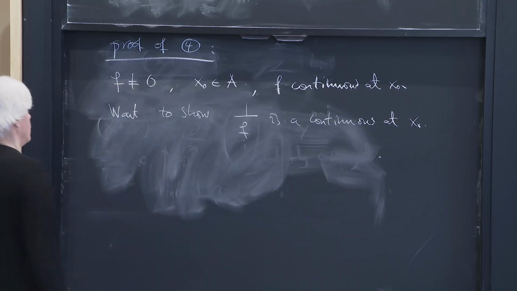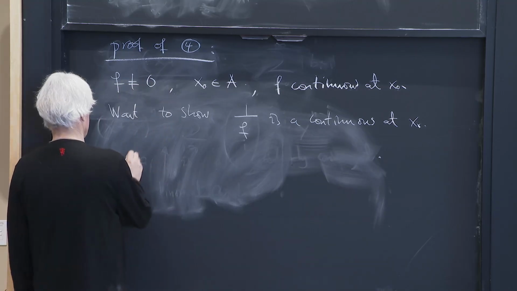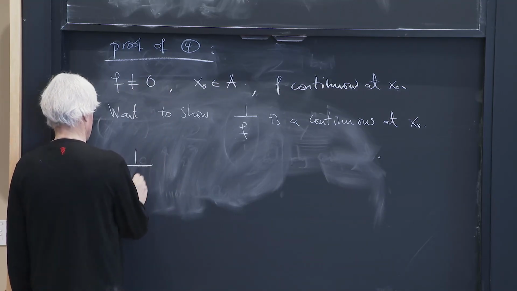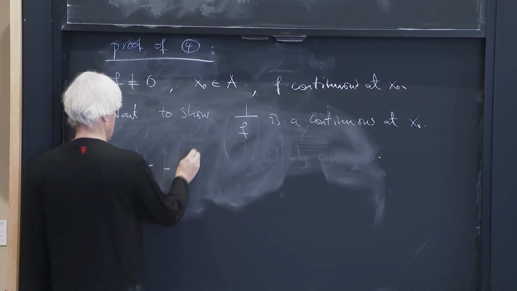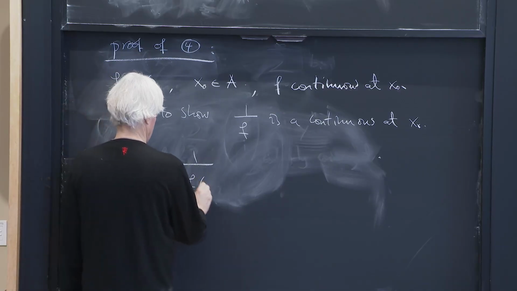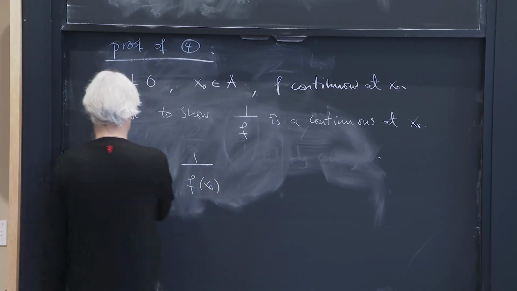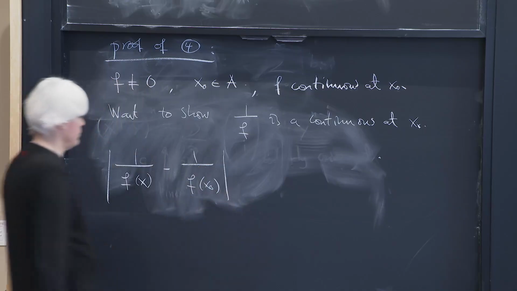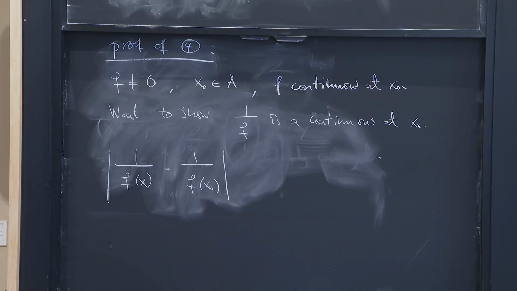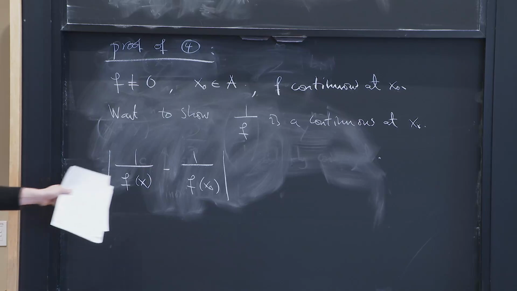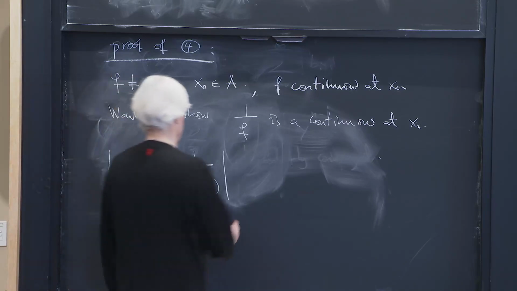And so I want to estimate this difference here. I want to say that if I pick an epsilon, then I can pick x to be within delta of x0, where delta is sufficiently small, so that this difference can be smaller than epsilon.